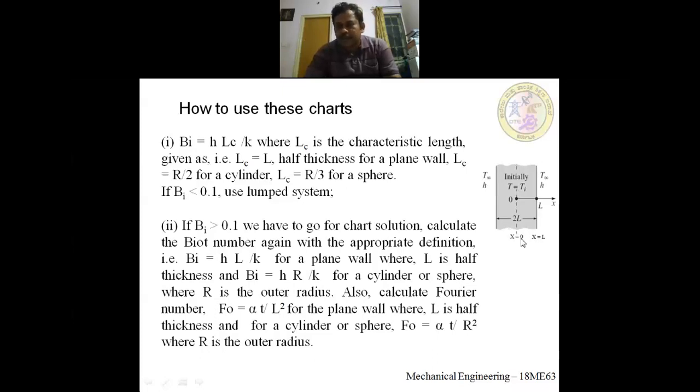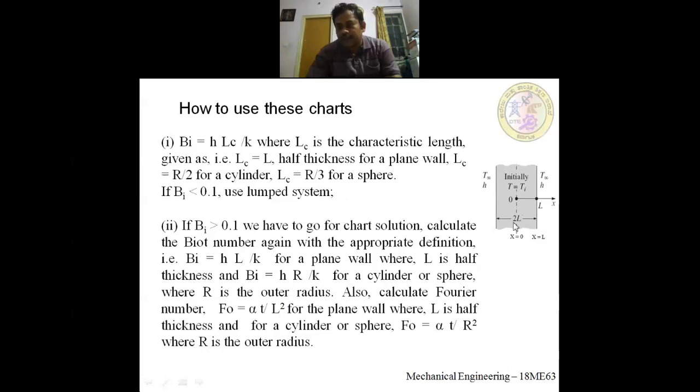If you analyze only half of the surface, the other half will be the symmetry of this surface. So here you have to make a note: since the thickness is taken as 2L, half of the thickness is just L. In the lumped parameter analysis, our total thickness was L, and half thickness we took as L by 2.